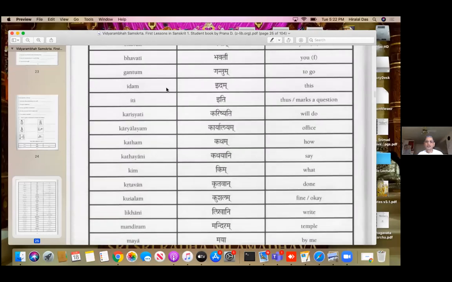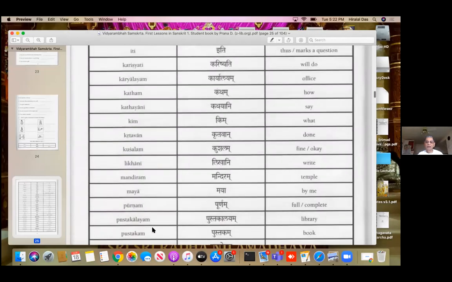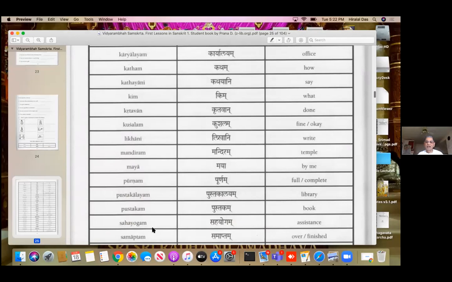Idam, this. Iti, thus. Karishyati, will do. Karyalayam, office. Katham, how. Kathayani, say. Kim, what. Krutvan, done. Kushalam, fine or okay. Likhani, write. Mandiram, temple. Maya, by me.